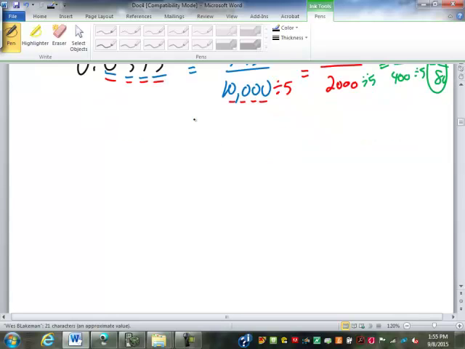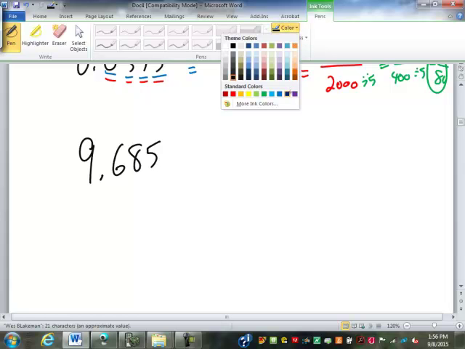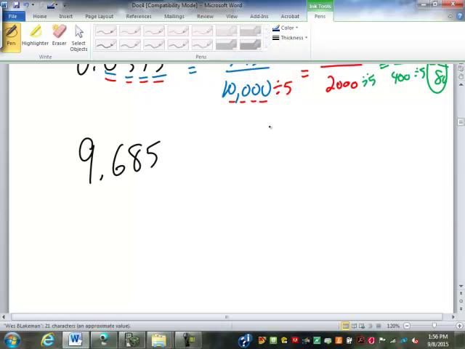What if I have 9.685? 9,685,000. Perfect. The 9 is a whole number. So this is actually just like a mixed number, a mixed fraction. I have the whole number, the 9. Doesn't get affected at all. Then it is 685 tenths, hundredths, thousandths, so over 1,000.